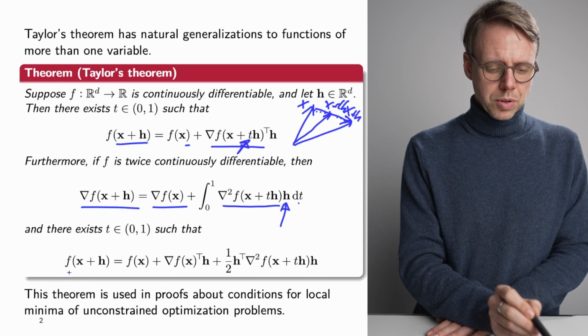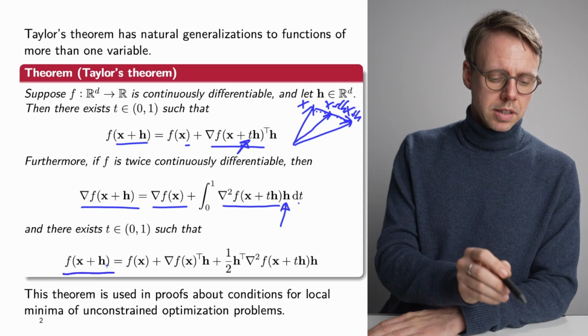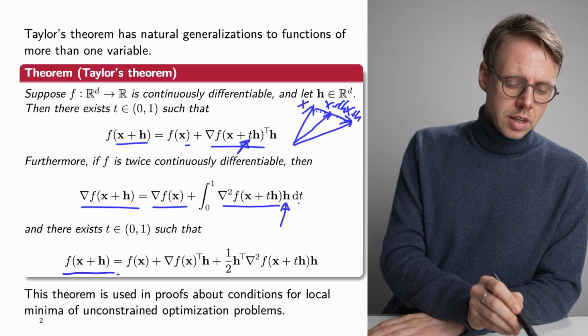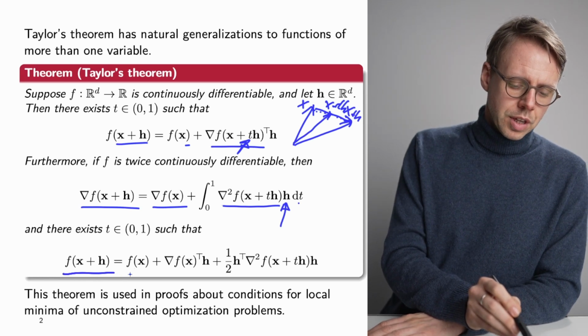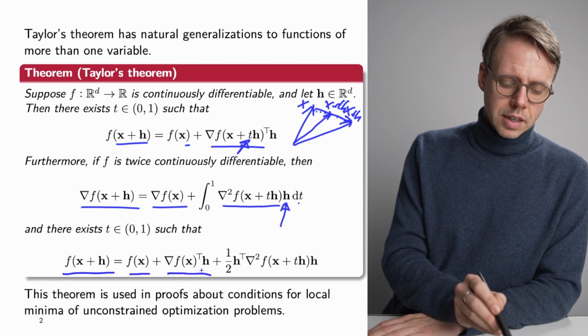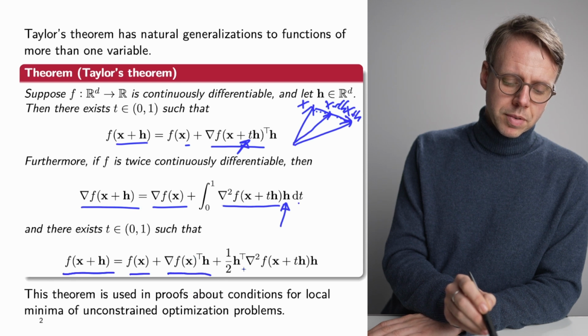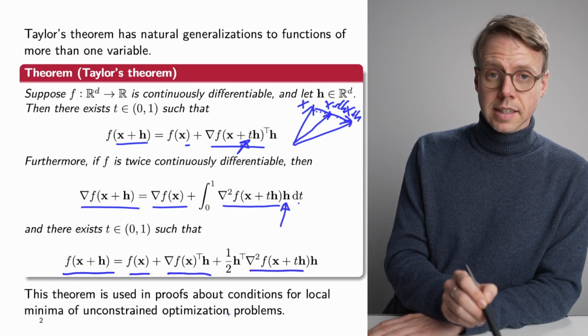In addition to the gradient, we can also write f itself at the point x plus h as the sum of f of x, then a linear term in the gradient, plus a quadratic form in the Hessian.